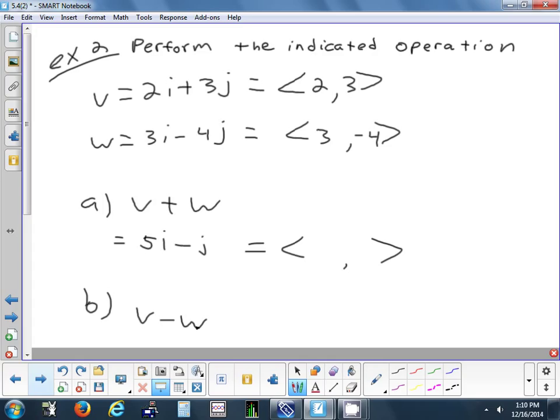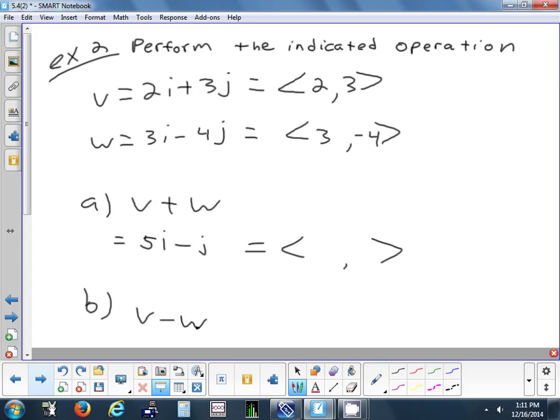Evan, can you explain how you got 5i? You add the horizontal components together. Yep, and what was the horizontal for v? 2i. And then for w? 3i. So if you have 2i plus 3i, that's 5i. And then the same thing for j. 3j plus negative 4j. It's like 3 take away 4. Negative j.